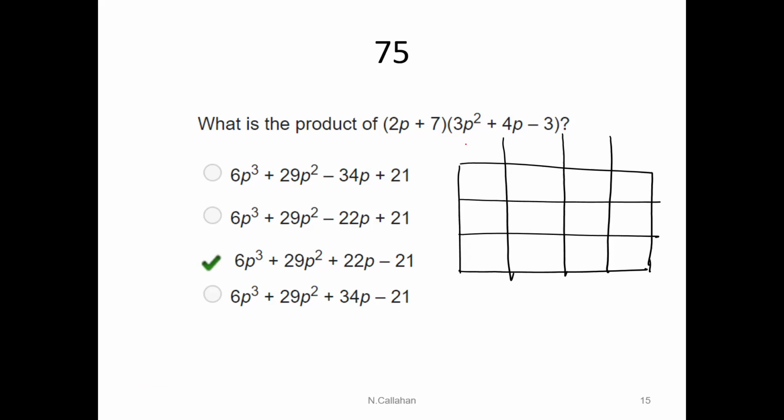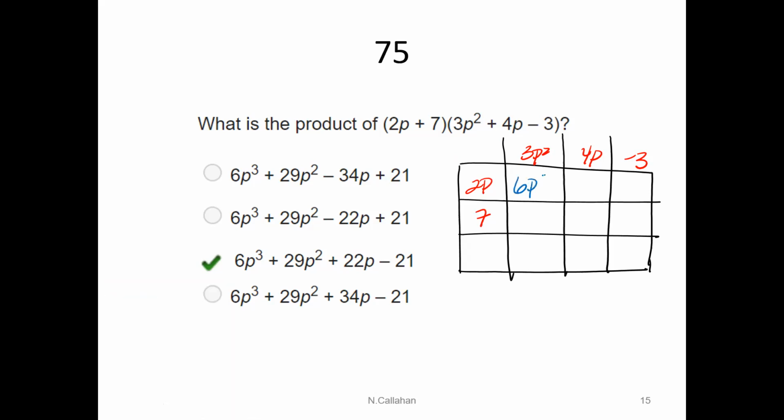All right, so looking at this right here, 3p squared, 4p, and -3. That's the first one. Then on the bottom, you're going to have 2p and then 7. Let's fill out the chart, you guys.